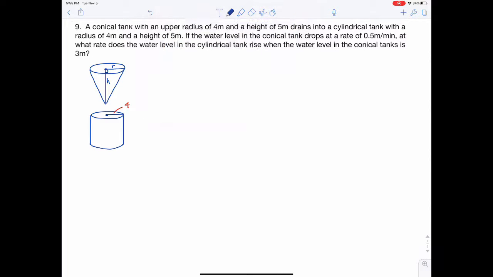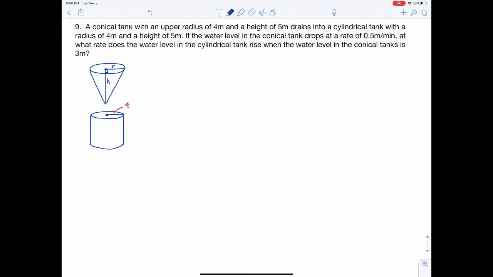The reason is for the conical tank, that radius is going to change. As the water drains from that tank, the radius is going to get smaller along with the height. But for the cylinder, the radius is always going to be 4. That shape doesn't change. That radius never changes. So it's a constant, so I can just call it 4.